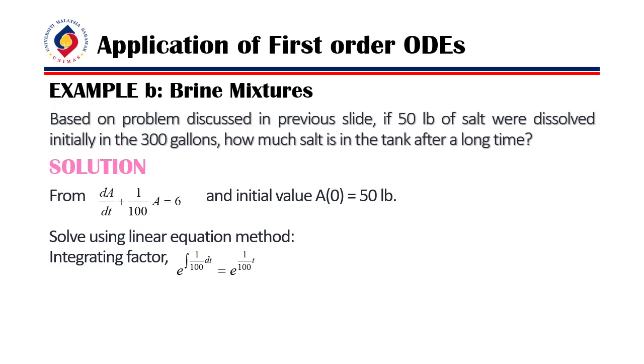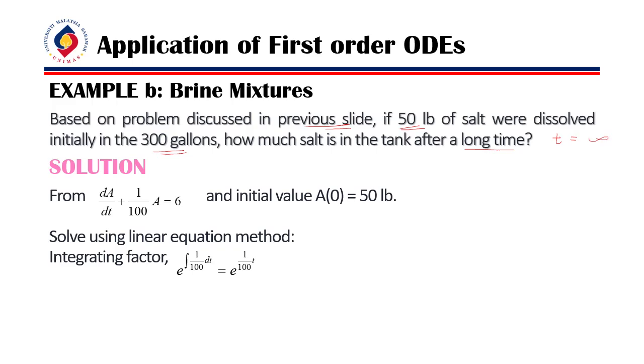So based on the problem discussed in the previous example, if 50 pounds of salt were dissolved initially in the 300 gallons, how much salt is in the tank after a long time? A long time here means our t is equal to infinity.